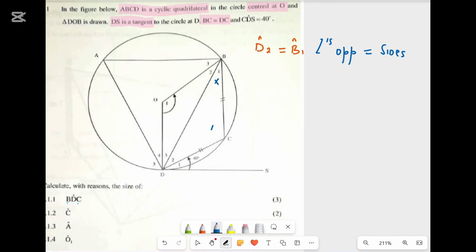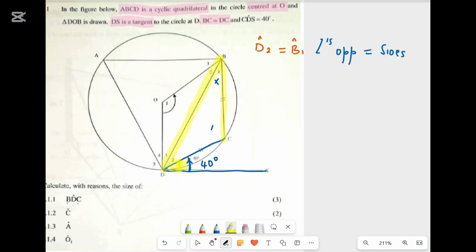If you look at this chord here, and then there is a tangent here, there is an angle between the tangent and the chord, which is equal to 40 degrees. So you can see that the chord DC subtended that angle there, which is B1. So that is a tan chord theorem.